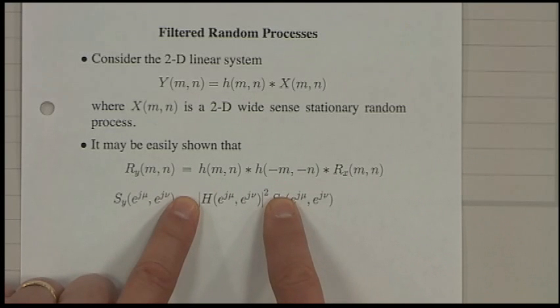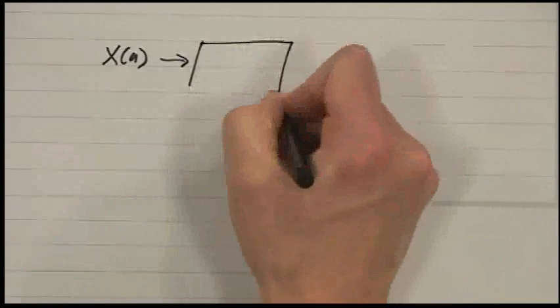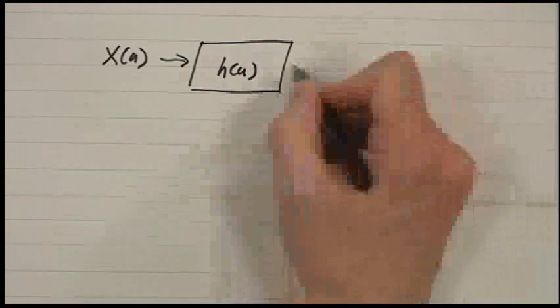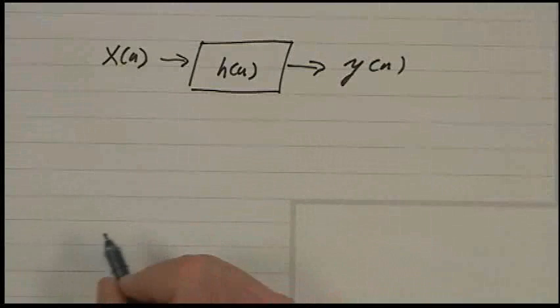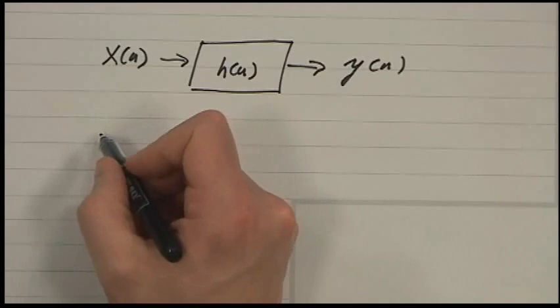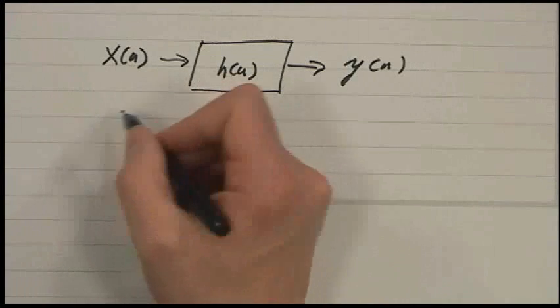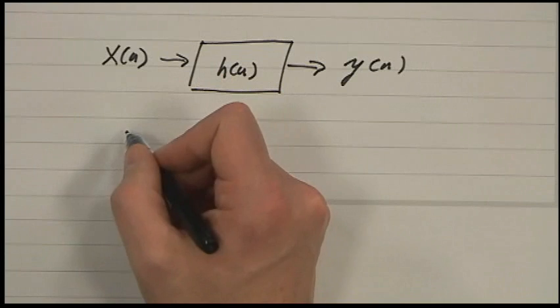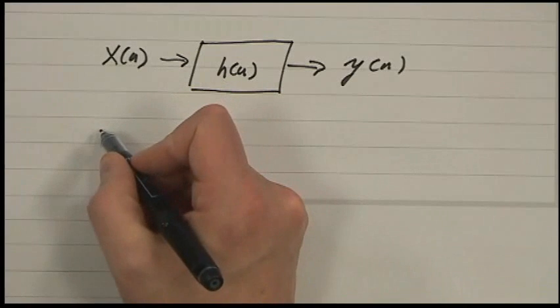So the way of thinking about it is this: if you have x of n, okay, and you put it into a filter, h of n, okay, and you get an output y of n, right? Now, this thing has a power spectrum. So you know that by linear time invariant filter theory, you can just take the Fourier transform of this.